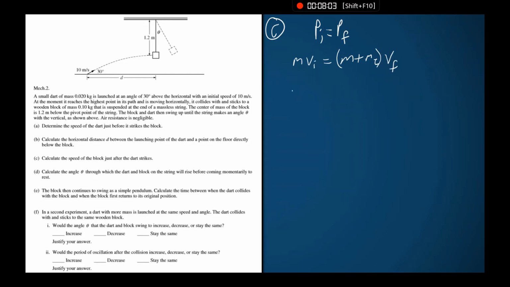Okay, so you're right, 0.02 times our initial velocity is not just 10 though. 5 root 3. Okay, equals both masses.